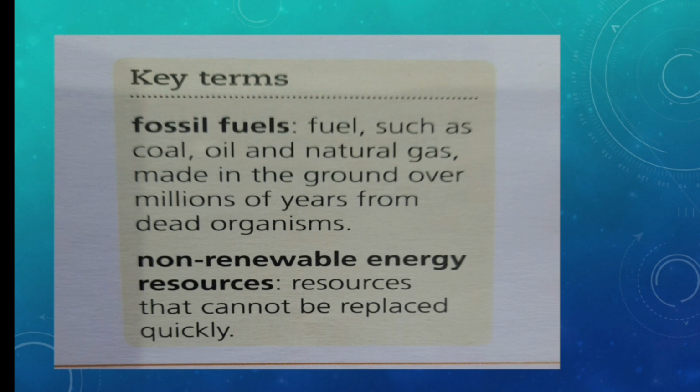So that's why we are moving towards other sources of energy which can last for a longer time. That's why fossil fuels are known as non-renewable energy sources, meaning sources that cannot be replaced quickly. We cannot make them again because it takes that much time. It takes millions of years.